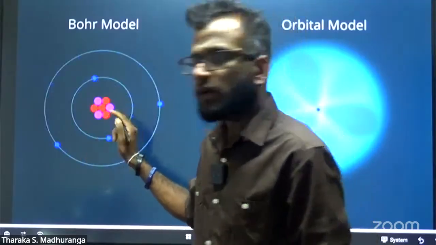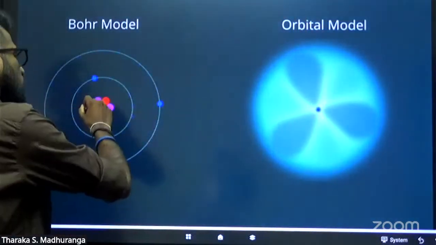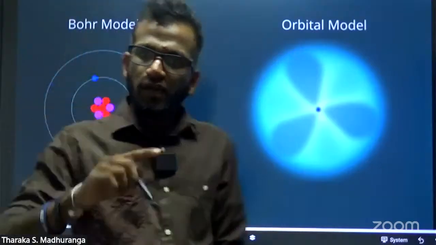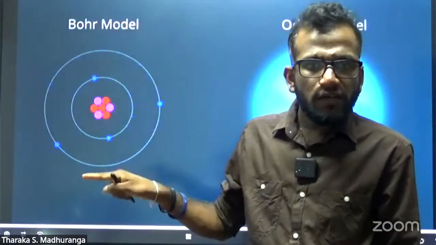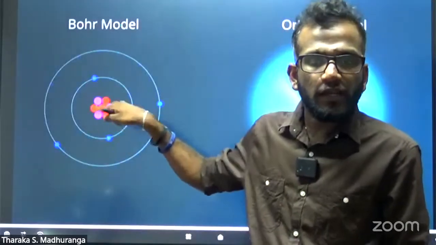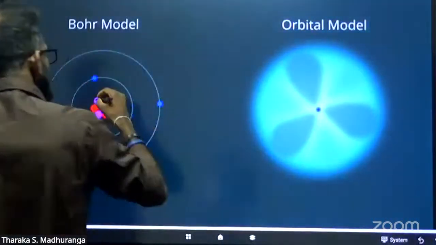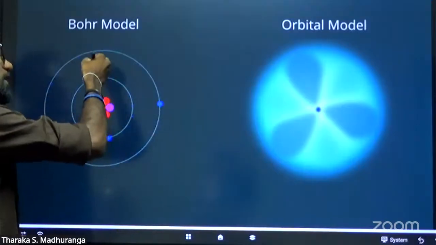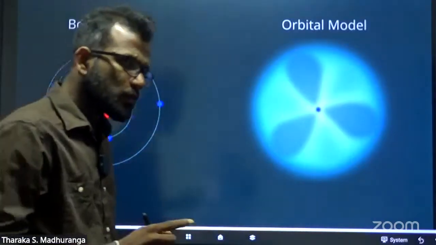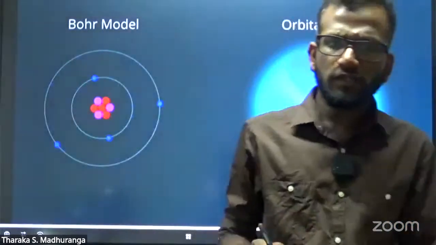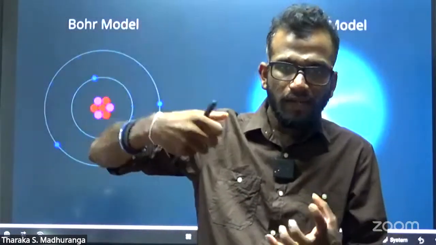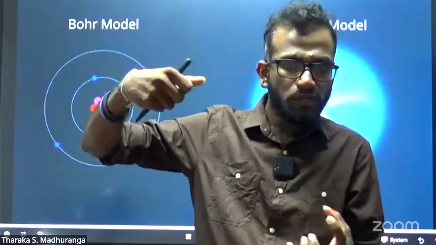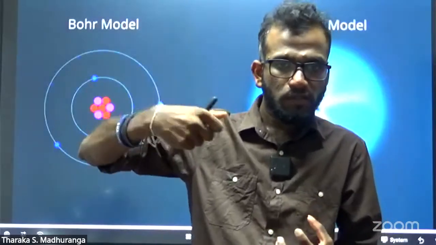You already know the nucleus contains protons and neutrons. Protons are positive charge, neutrons neutral. Therefore, the nucleus is positively charged. Around that, in energy levels, there are electrons. Due to this positive and negative charge, it attracts electrons. There is attraction to the nucleus from the protons.